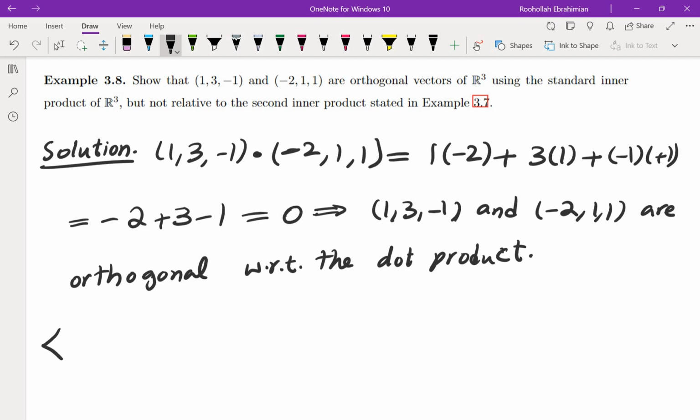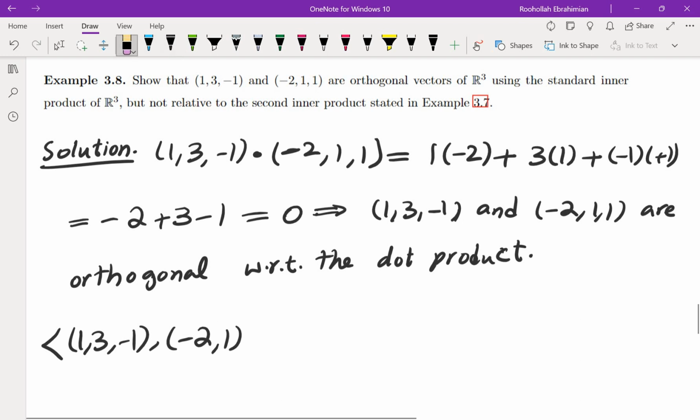Now watch what happens if you do this with the second inner product that we had in the example, which had some coefficients.